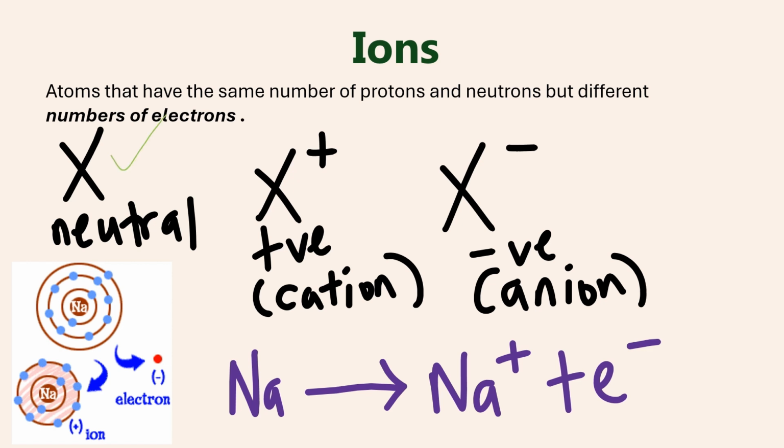So I have X, which is neutral. And then let's say that this atom wants to lose one electron from its shells. Then it gets a positive charge and it becomes a cation, which is a positively charged ion. Or if I have a neutral X atom, and it wants to gain an electron, then it adopts a negative charge. So it becomes an anion, which is a negatively charged version of the atom.